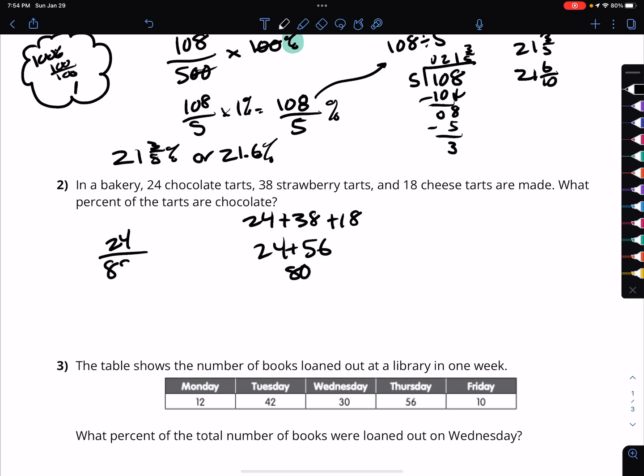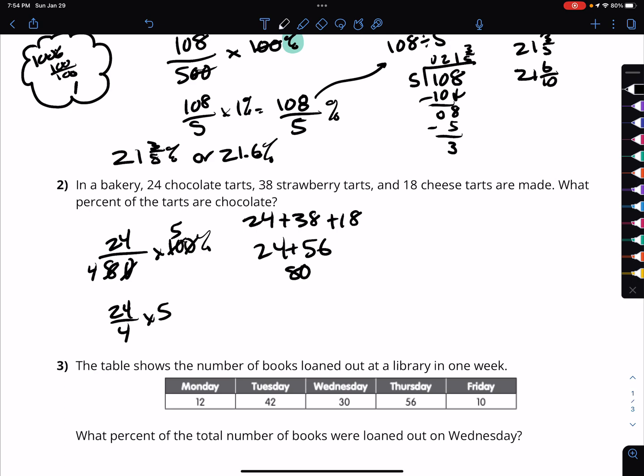So we have 24 eightieths are chocolate. So let's do our math. Times 100. Let's divide that by 10. Divide that by 2. So we're left with 5. And we're left with 4.